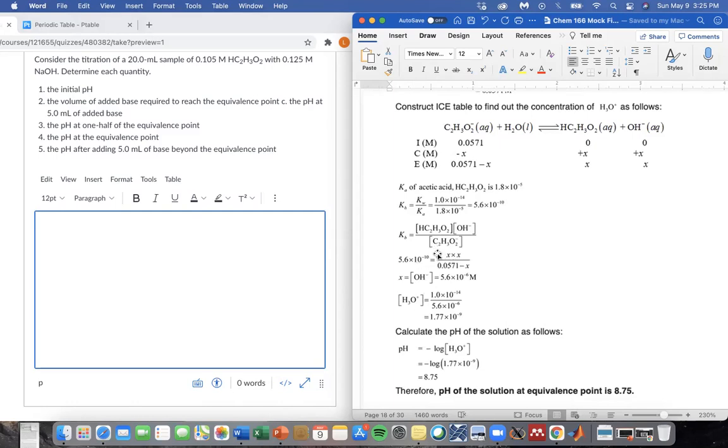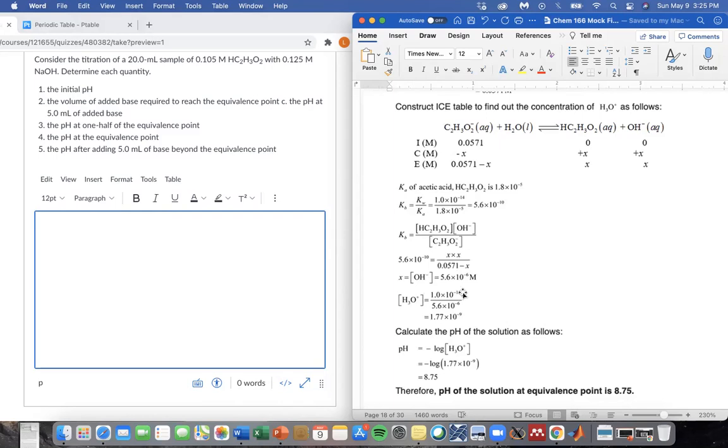And then you could do a small x approximation here, x squared over 0.0571. When you solve for your x, you get 5.6 times 10 to the negative 6 molar. And so your x is equal to your OH minus concentration.